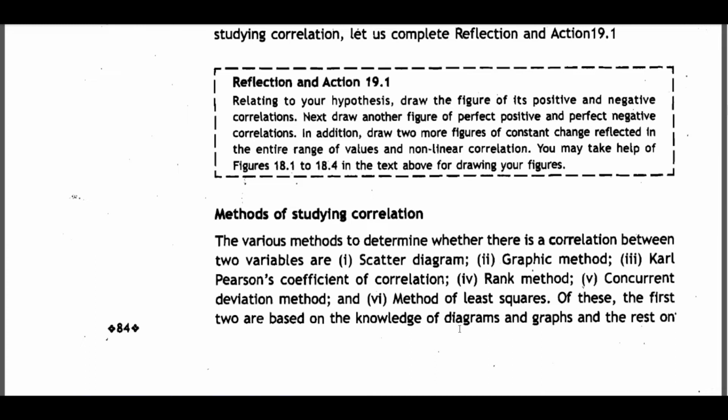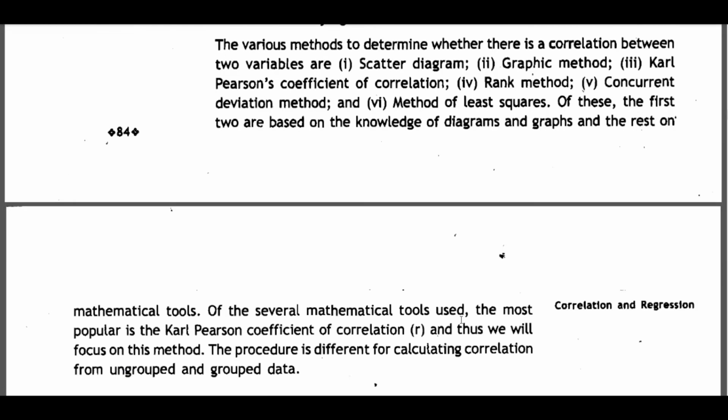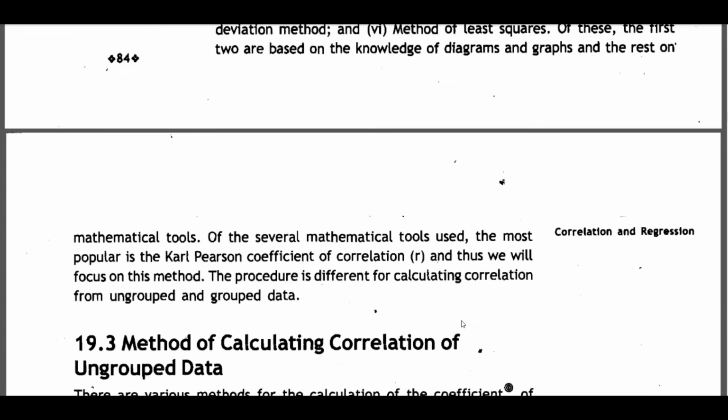Of these, the first two are based on diagrams and graphics, and the rest on mathematical tools. Of the several mathematical tools used, the most popular is Pearson's coefficient of correlation, and thus we will focus on this method.